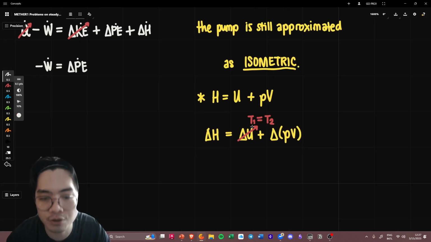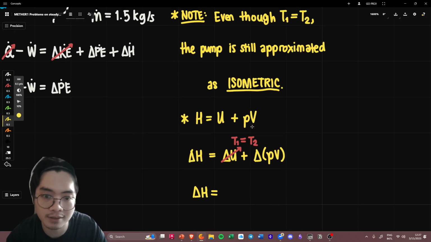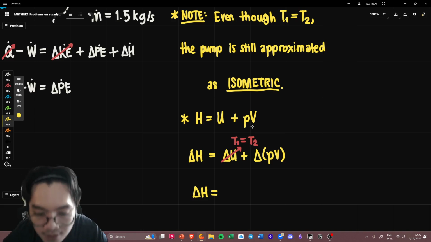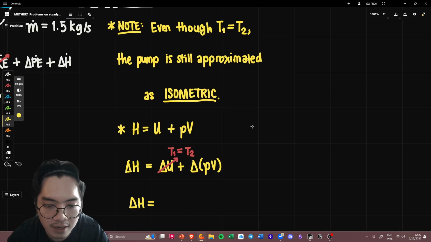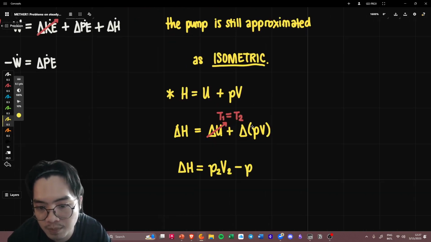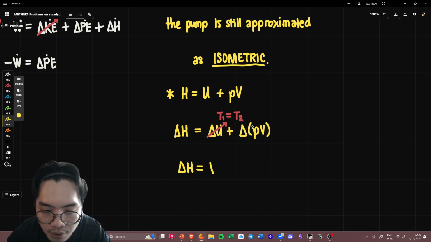So I will just give this note here. And basically, your delta H now becomes your change in PV, but we said that it's isometric. We said that your volume remains the same. So if you expand this, P2V2 minus P1V1, your V's are the same. And therefore, you can just group them out and say that your V, P2, P1.